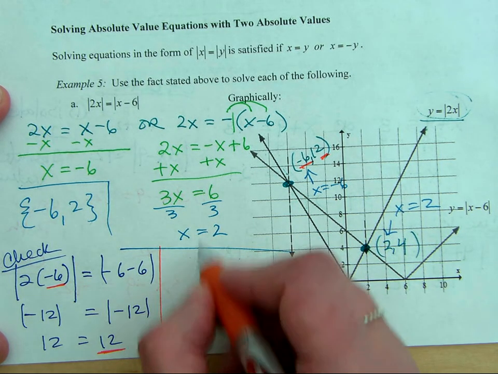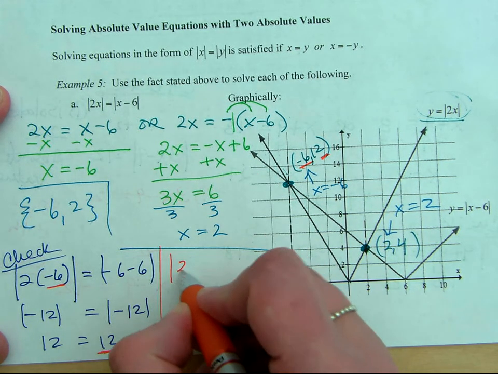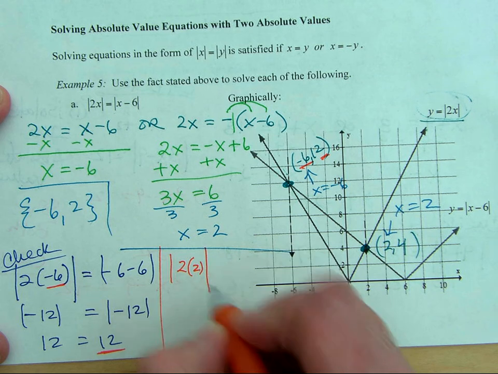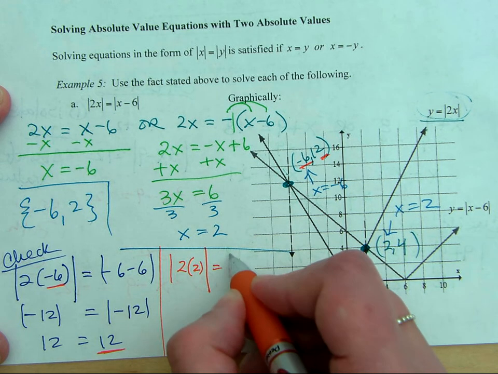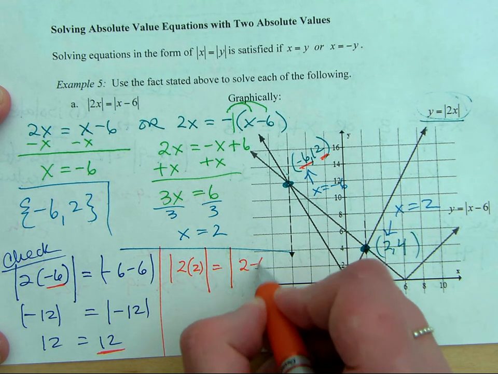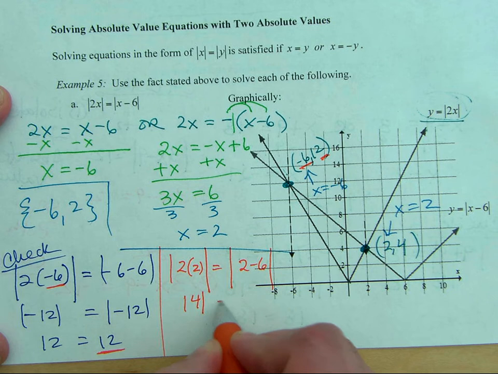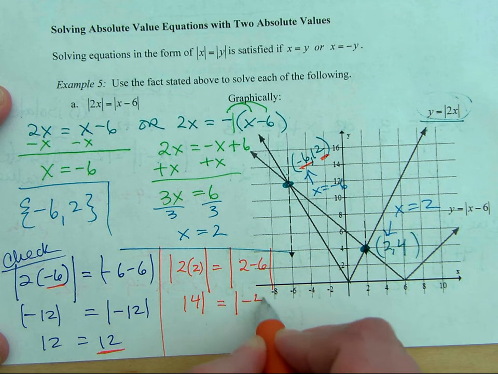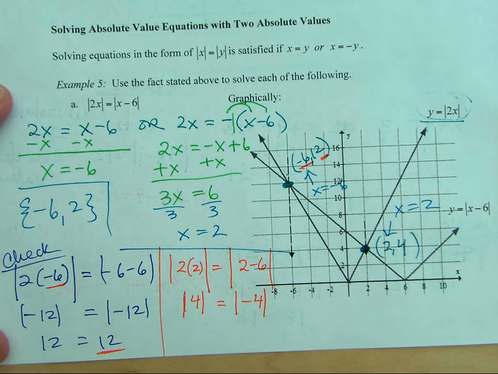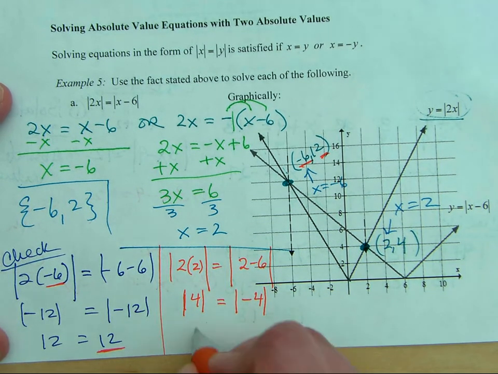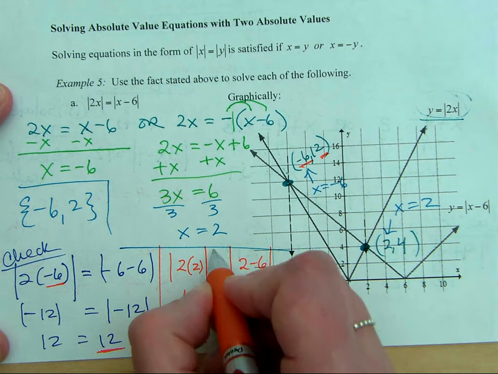So I take the absolute value of 2 times 2. Is that equal to the absolute value of 2 minus 6? So I have the absolute value of 4 equals the absolute value of negative 4. Is that true? Yeah, 4 equals 4 is true.